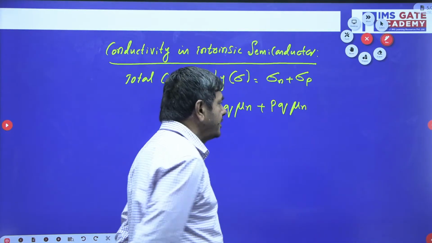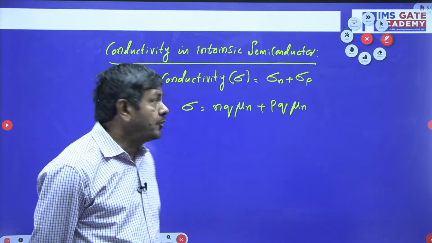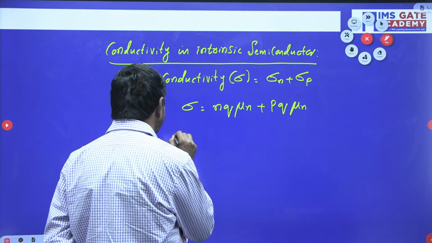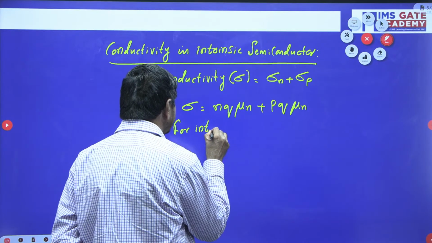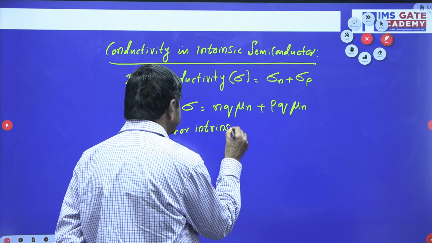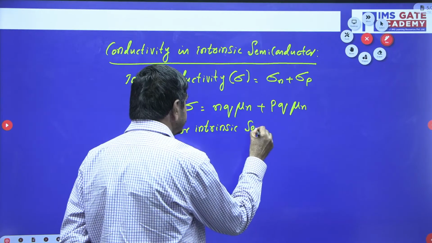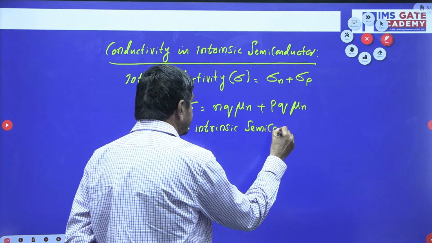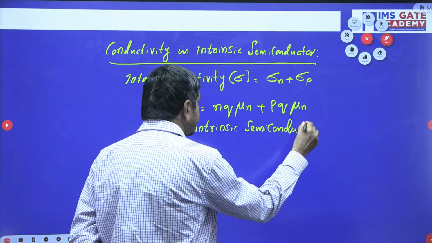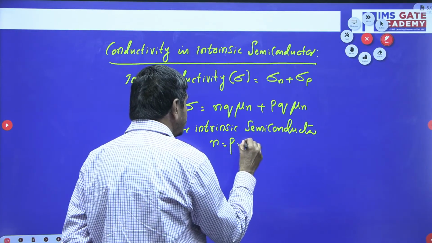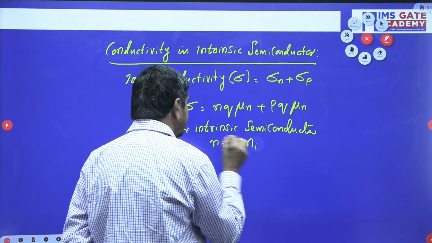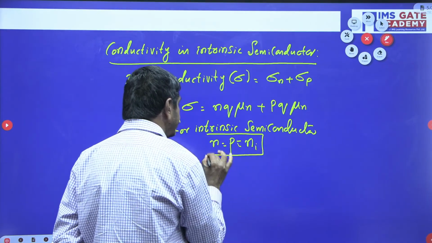But you know very well, for an intrinsic semiconductor, N equals P equals Ni, already given.